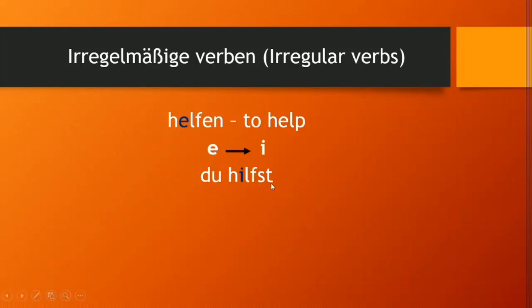The ending for all the other personal pronomen, just like in regular verbs, remains the same. Only the Verbstamm changes for du and er/sie/es, e changes to i. It's du hilfst, er hilft, sie hilft, es hilft. So the conjugation is the same for these three personal pronomen.